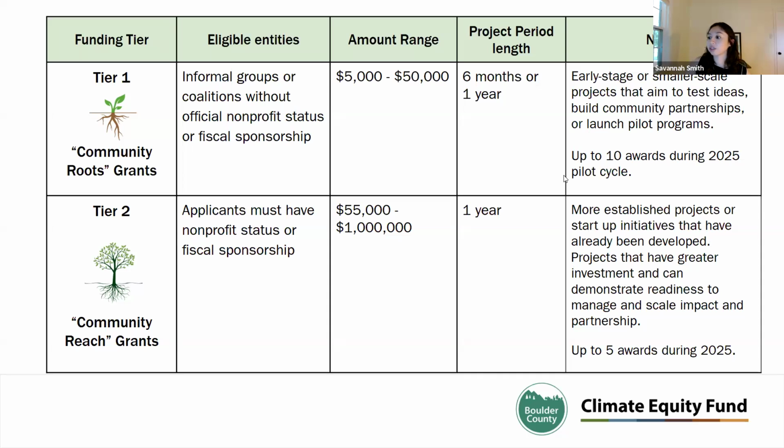So it is for both, because you could see for tier 2, for more established nonprofits, this is going to be a higher funding amount, but those are up to 5 awards. So it's really both. And I hope that helped answer your question and resolve any of the rumors going around.